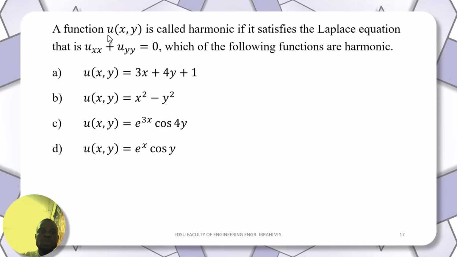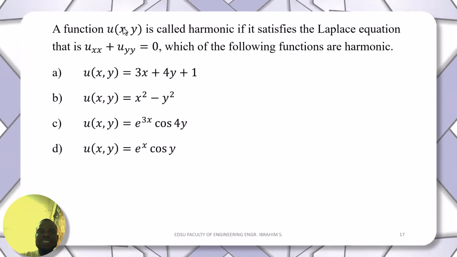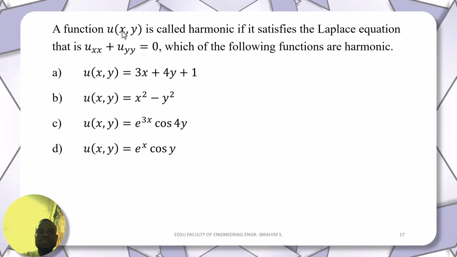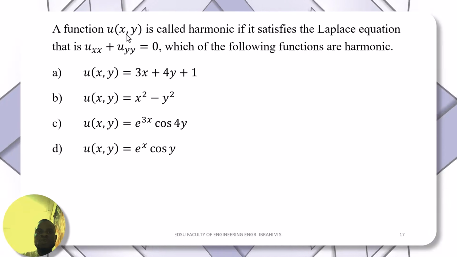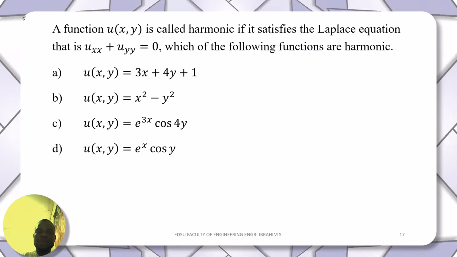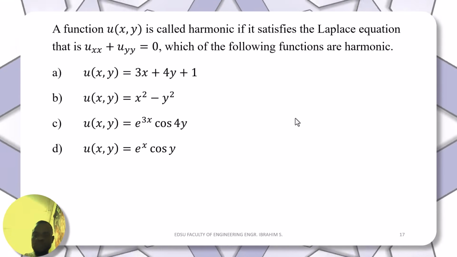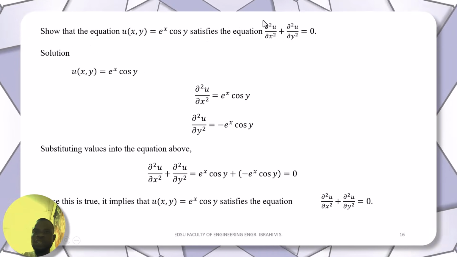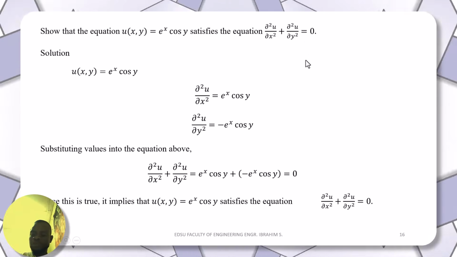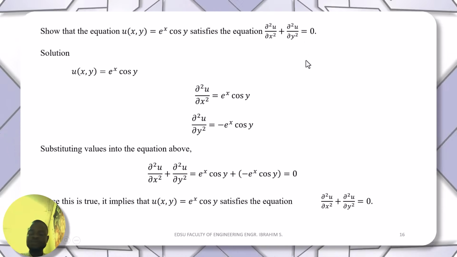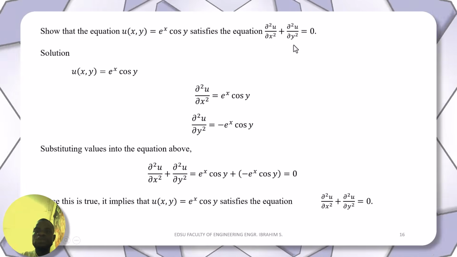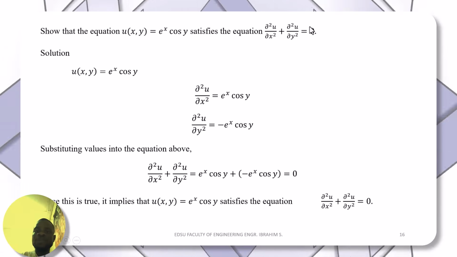A function u with second derivatives with respect to x and with respect to y is called harmonic if it satisfies the Laplace equation. And we have already given you what the Laplace equation is: the second order derivatives with respect to x and y, if you add them, give you 0.